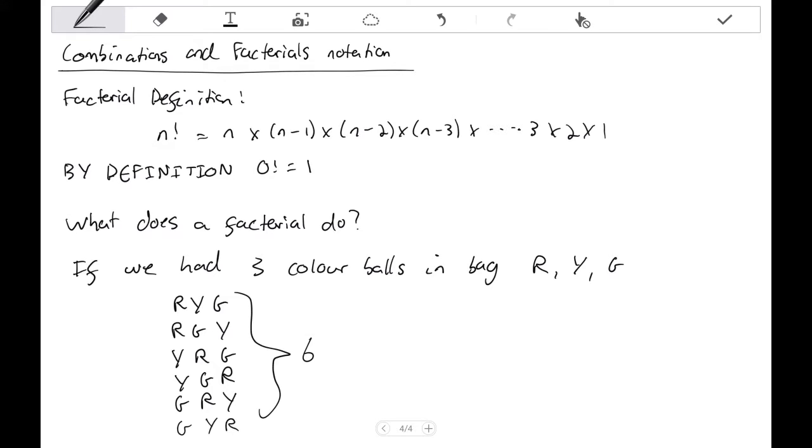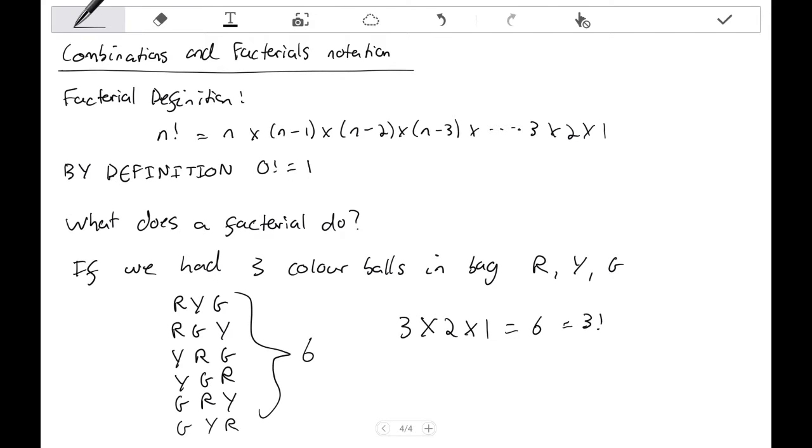What else could we have said? We could have said that we started with 3 possible balls that we could have pulled out. As soon as we took one out, we had 2 possible balls left. Then as soon as we took the second one out, we only had 1 possible ball left. We do 3 times 2 times 1, we get 6, which is equal to 3 factorial.